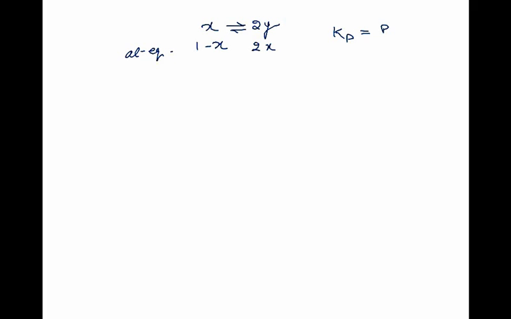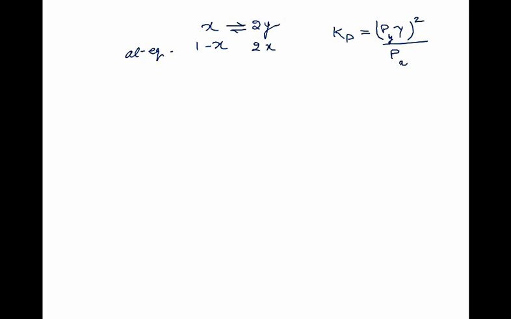Kp is equal to the partial pressure of Y squared divided by the partial pressure of X. I should not take it in square brackets because that indicates the molar concentration.